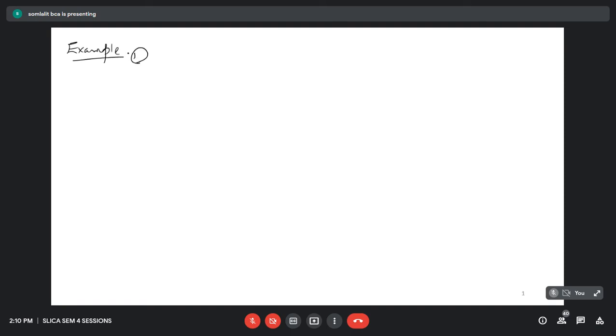So here, the first question of getting that square root and cube root with the help of Newton-Raphson method.